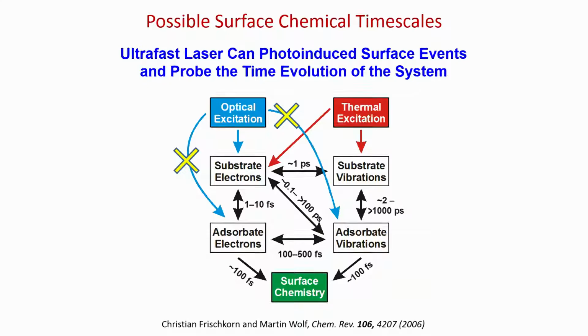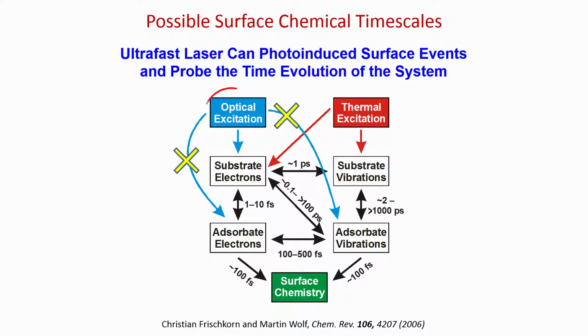So, on the surface, it has been found that all reactions are actually electronically non-adiabatic reactions. And when I have an electronically non-adiabatic reaction, then I take this analogy and will be able to find out different processes. For example, I can use optical excitation.